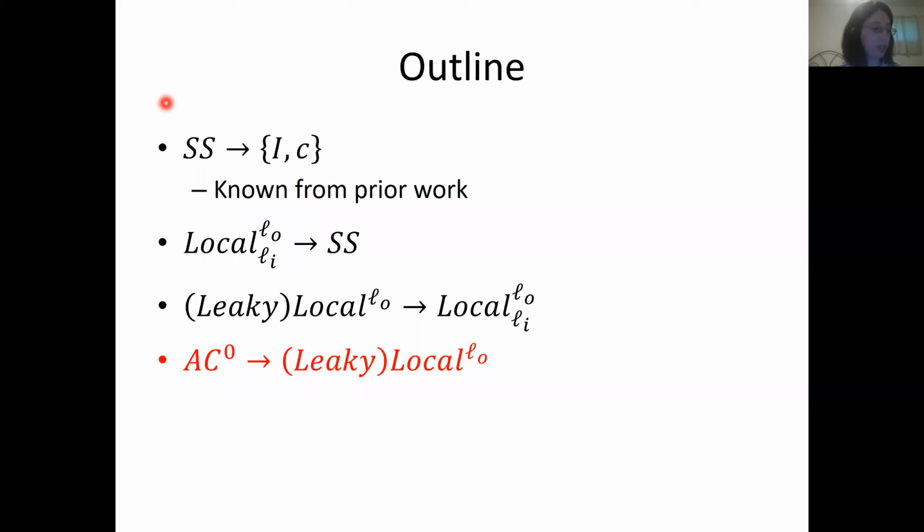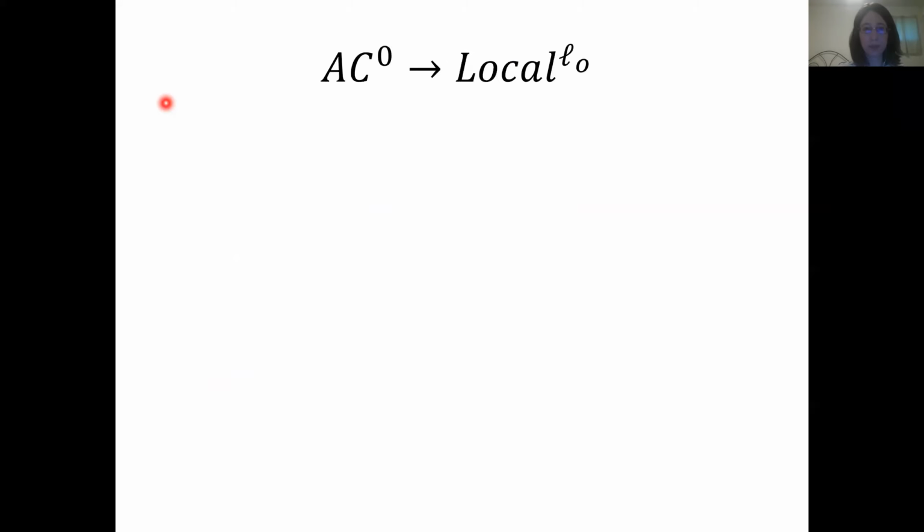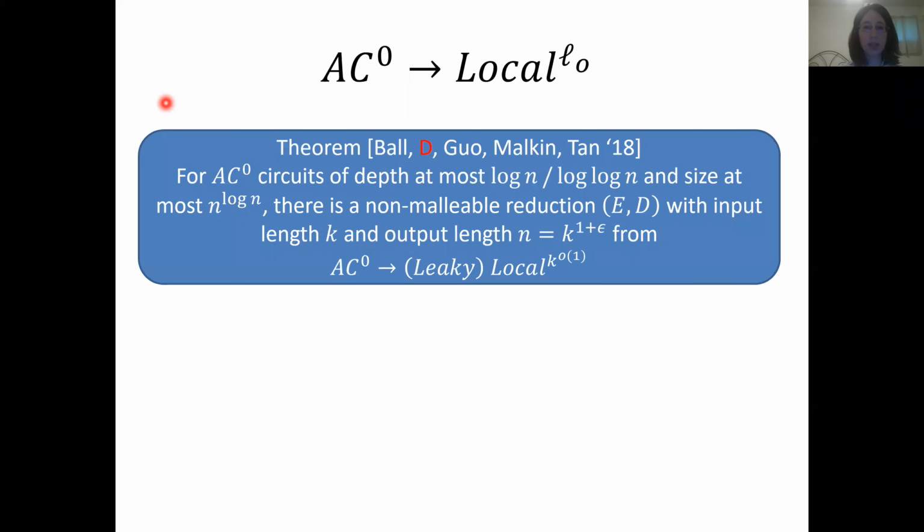So I want to move on to the last part of the talk, which is the non-malleable reduction from AC0 to local. In this work, we showed that for AC0 circuits of depth at most log n over log log n and size at most n to the log n, there is a non-malleable reduction with input length k and output length k to the 1 plus epsilon from AC0 to leaky local.